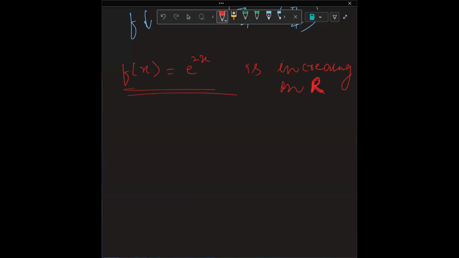This is your function, f(x) equals e to the power 2x, and you have to show that this function is increasing on the real numbers. Just try this one.